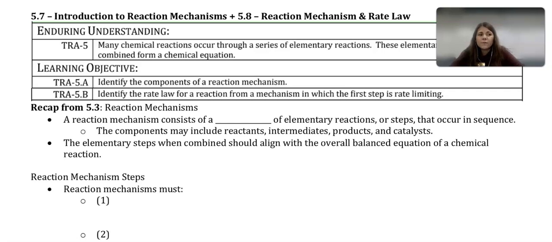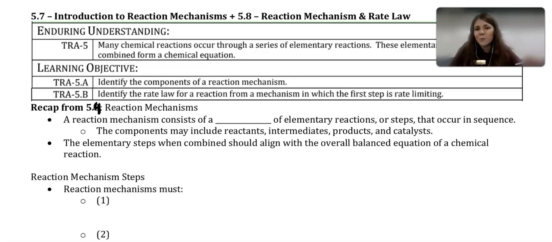In this lesson, we're going to focus on both Objective 5.7, Introduction to Reaction Mechanisms, and 5.8, Reaction Mechanism and the Rate Law. It's great to put both of these together because they work hand in hand, and what I have to mention in 5.7 will quickly flow to 5.8.